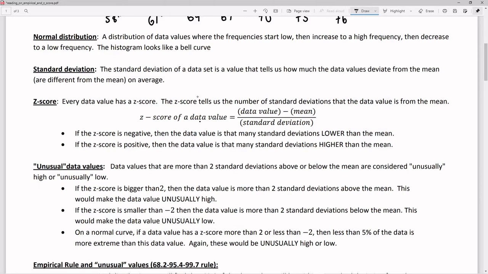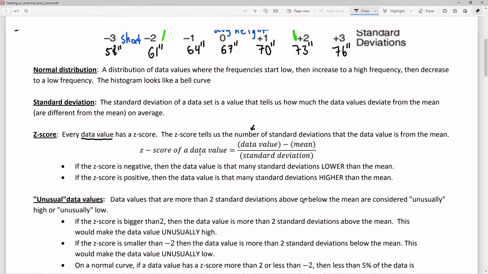Each data value that you have, or any data value that you might want to think about, has this thing called a z-score. And this is all it is. Ready? It's the number of standard deviations that your data value is from the middle. How many standard deviations are you from the middle?